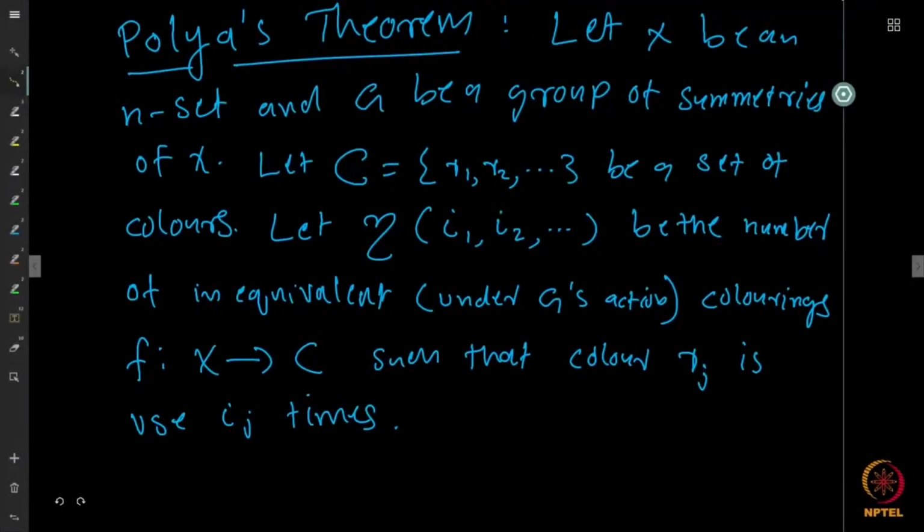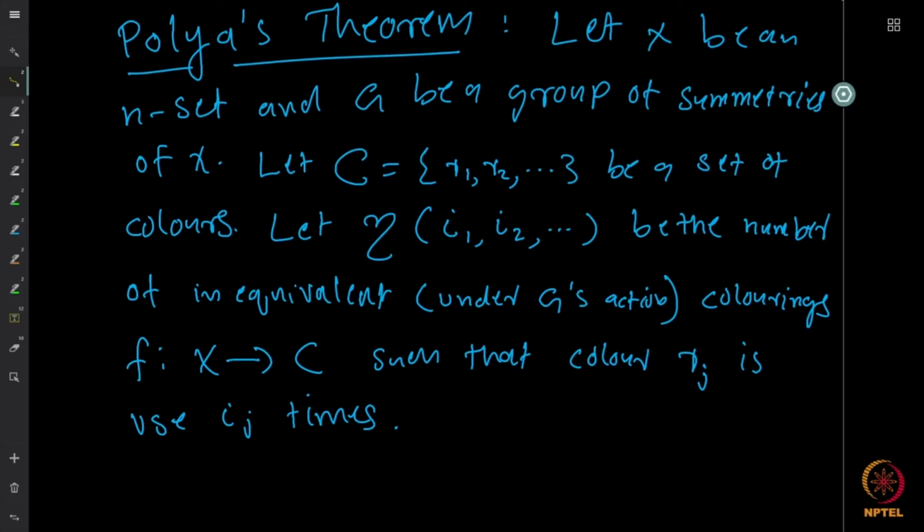We come to the main theorem that we wanted to prove, which is Polya's theorem. Again, as we noted before, what we wanted to do was to count inequivalent colorings where the number of colorings is given.